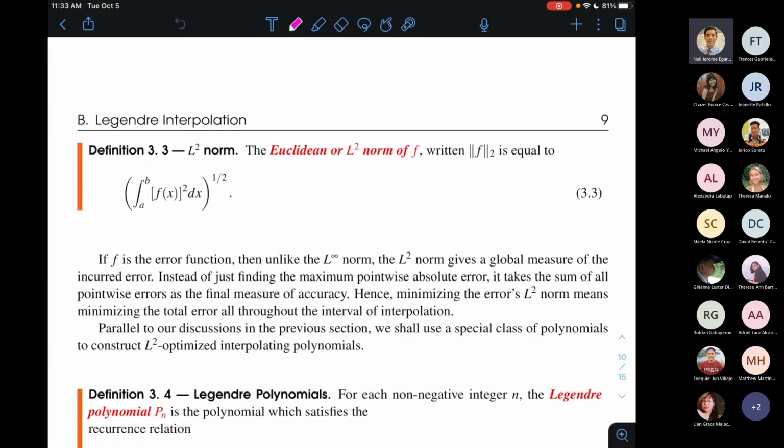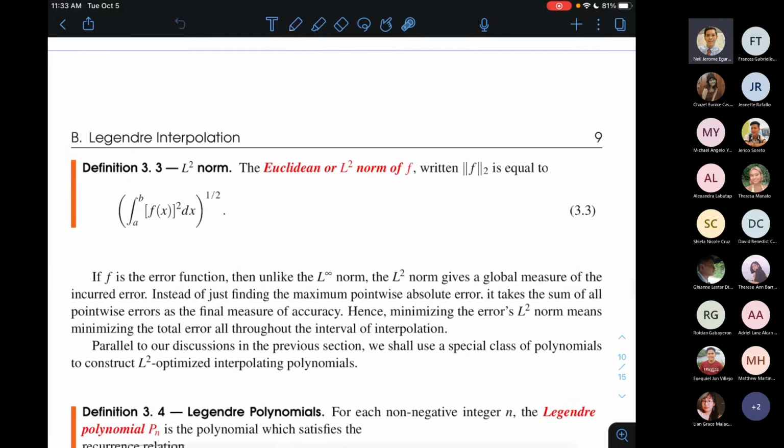Now here we define the Euclidean or the L2 norm of a function f, and we denote it this way. So meron kang norm bars dito, may subscript na 2. And this is equal to the integral over AB ng square ni f, raised to the 1/2.